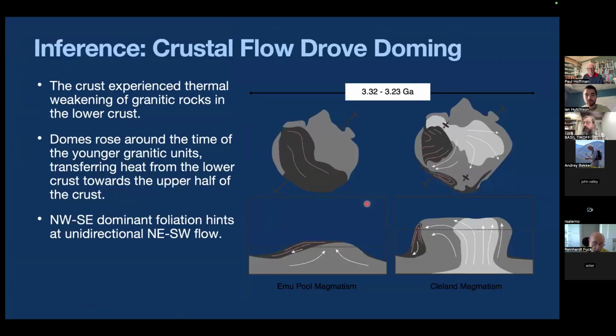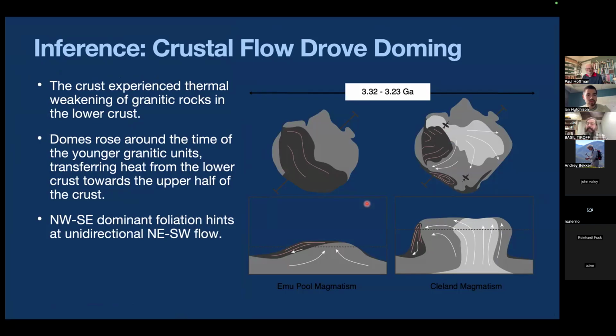All right, so kind of finishing up here. From the AMS and fabric studies, microstructural studies in the Mount Edgar Dome, we seem to be saying that there must be crustal flow, and that crustal flow drove the doming of these rocks.